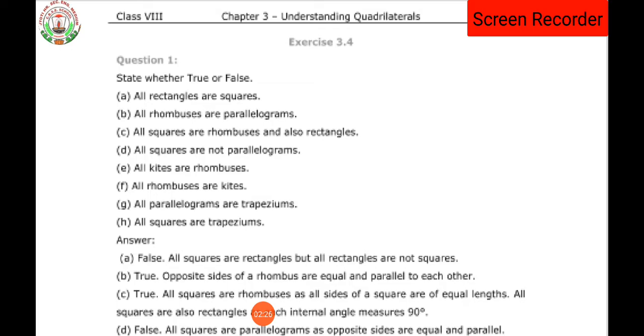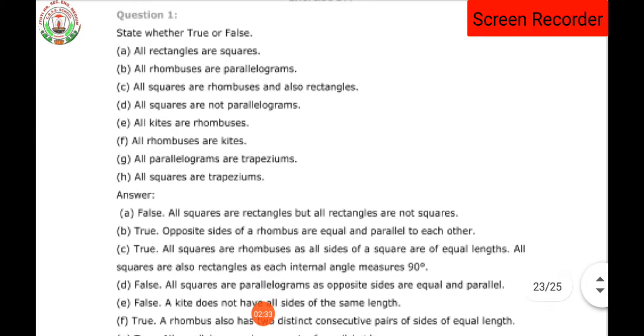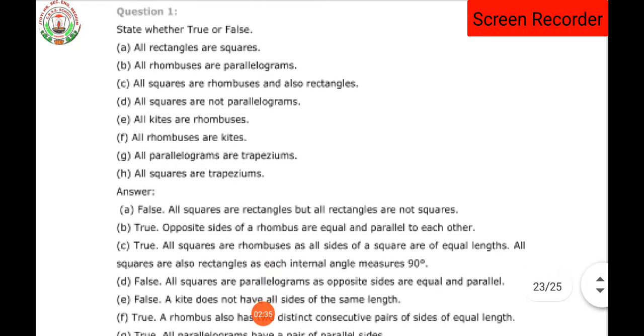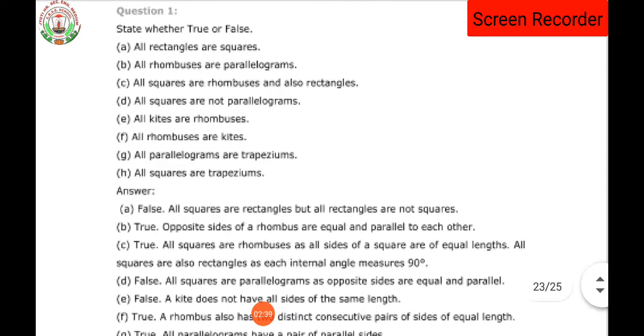Now part C: all squares are rhombuses and also rectangles. That is also a true statement. Why? Because all squares are rhombuses, as all sides of a square are of equal length, and in the same way a rhombus also has all sides of equal length.